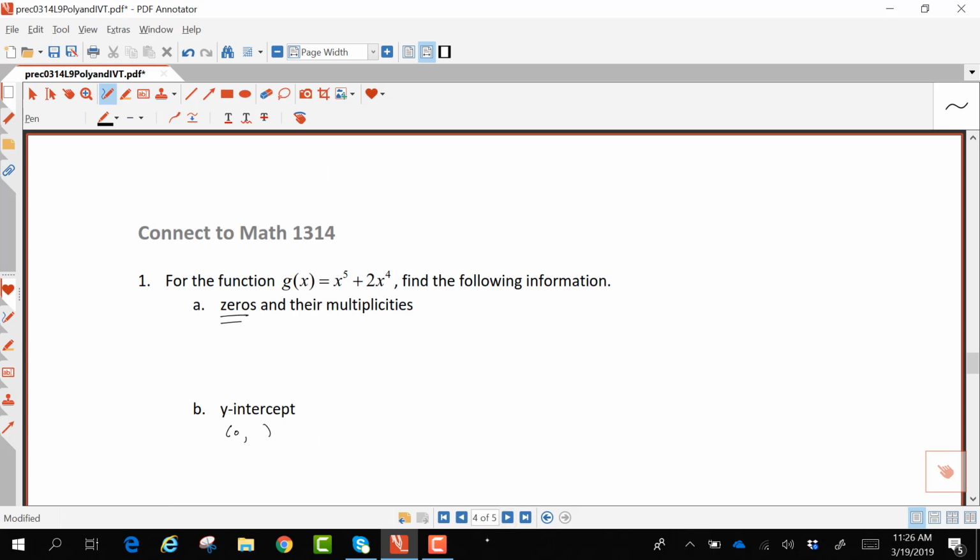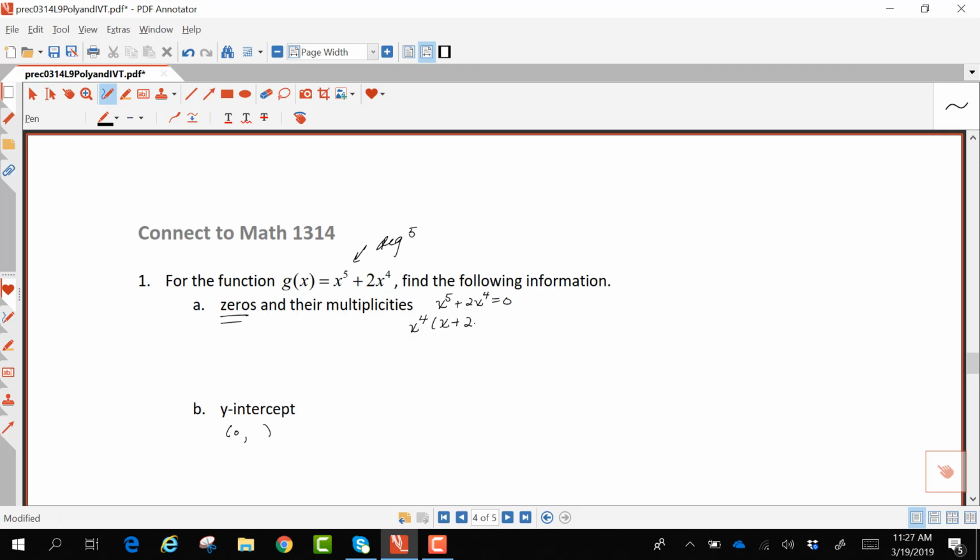As we move on to our connection to college algebra, we are looking at a function here which is a 5th degree polynomial. It begins by asking me for the zeros and their multiplicities. To find the zeros, I set the polynomial equal to 0 and factor it.